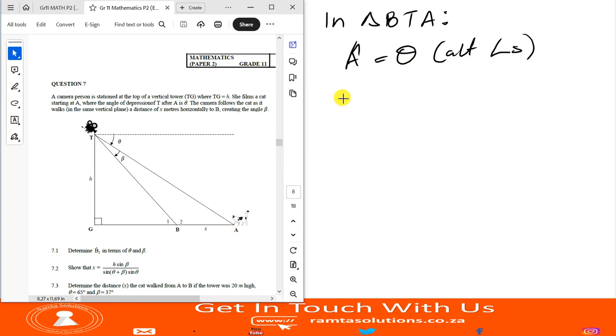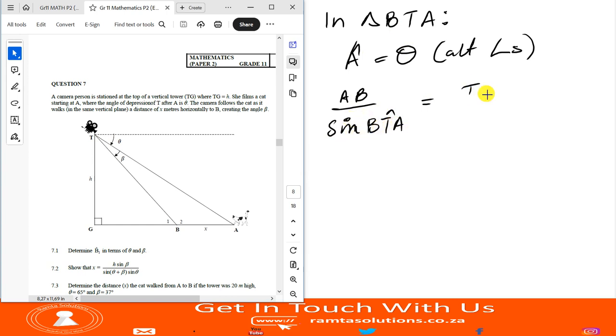So now what I can do is this. I can say AB over sine, what is the angle opposite AB? Let me call it angle BTA for now. Even though I don't have to be saying BTA, I can simply say T because I said in triangle BTA, but it's okay.